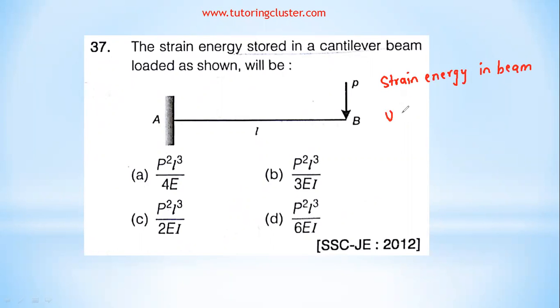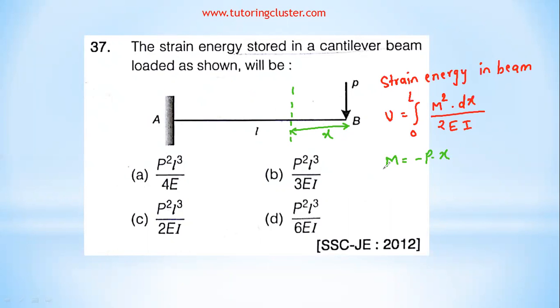Strain energy in beam, U is equal to integration of 0 to L, M square dx upon 2EI, right? Suppose I am considering this section which is at a distance of x. So what will be the moment? Moment will be minus P into x.